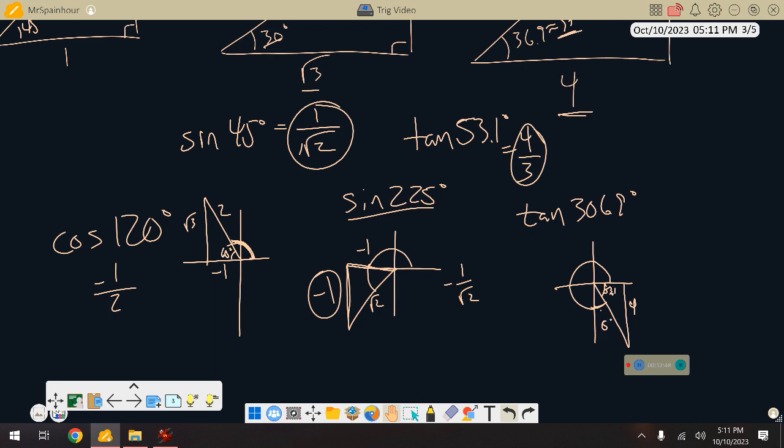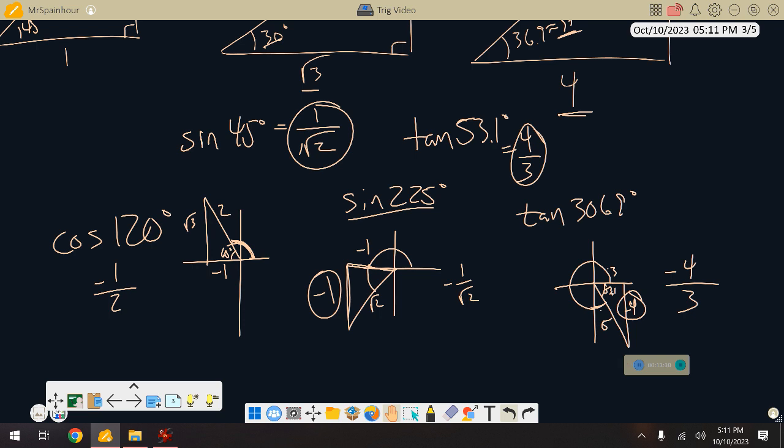So that's 4, 5, and 3. The 5 is always positive because it's the hypotenuse. The 3 is positive because it's right. We have a negative on the 4 since it's down. And tangent, take the opposite, negative 4 over the adjacent of 3. All right, so that's how you get basic triangles in other quadrants.